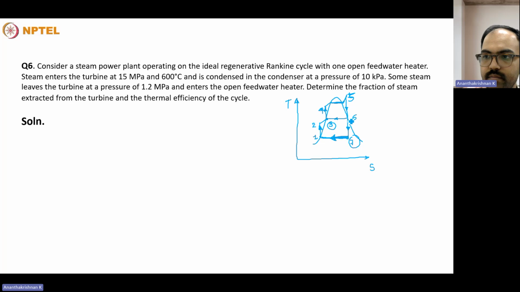So this is an ideal representation saying that the steam condensed will be at the saturated condition. The steam extracted will be at the saturated condition, which need not be. So in many cases, this particular point can be outside the vapor dome as well. In that case, the process will look like this.